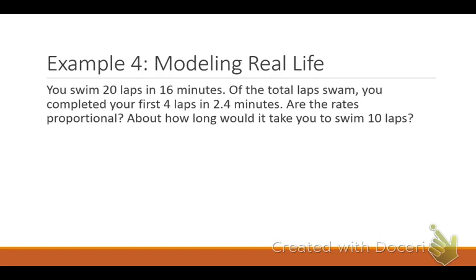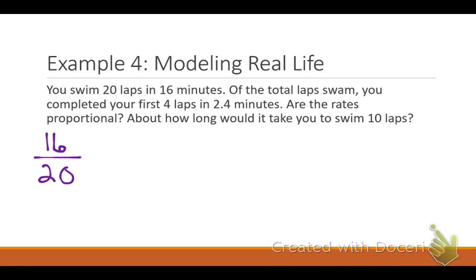Let's go ahead and find our rate for both of these ratios. So 20 laps, and that's a little confusing because we actually need to know, we're going to put minutes over laps. You just have to trust me on that.